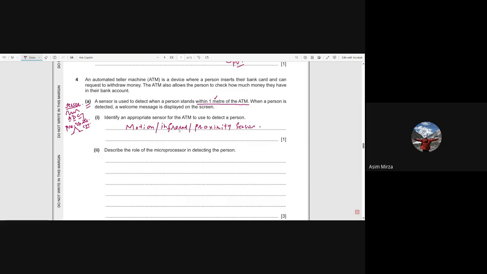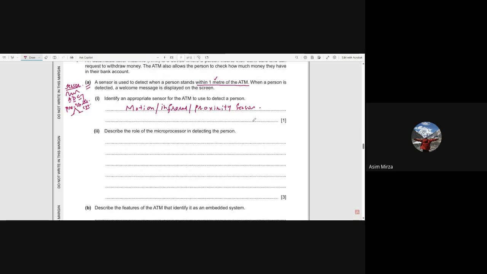So describe the role of the microprocessor in detecting the person.